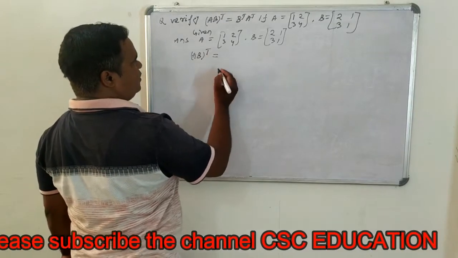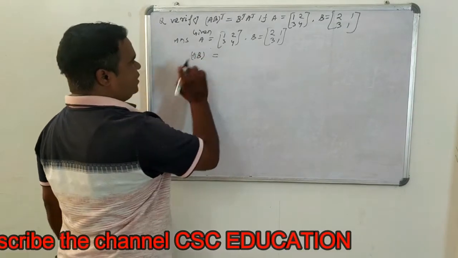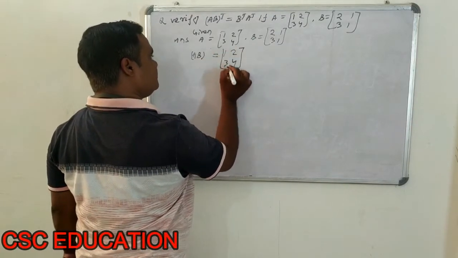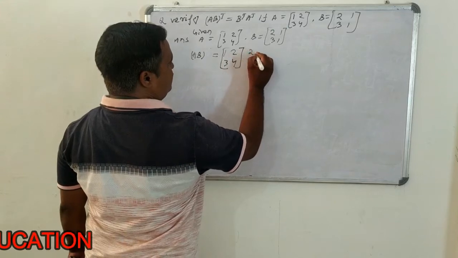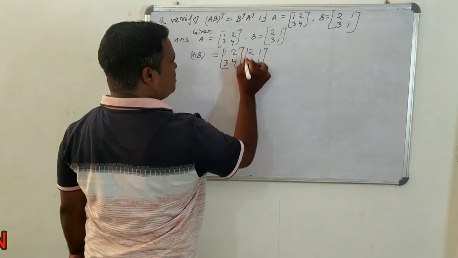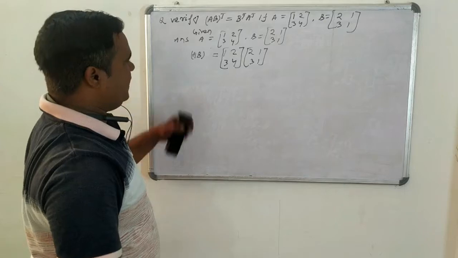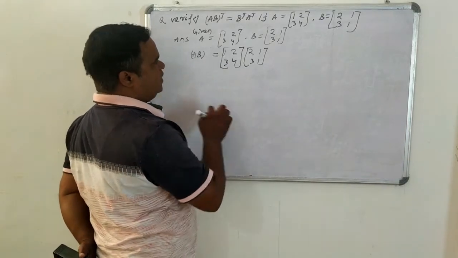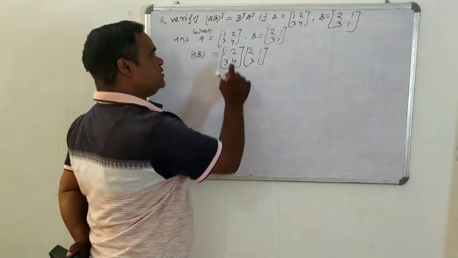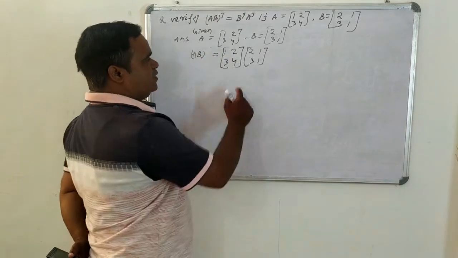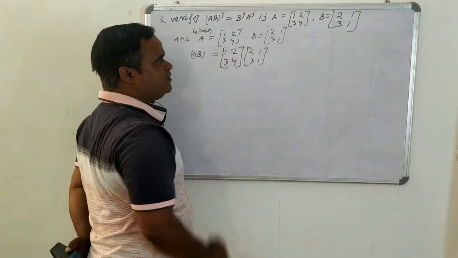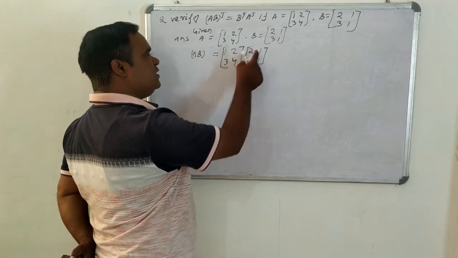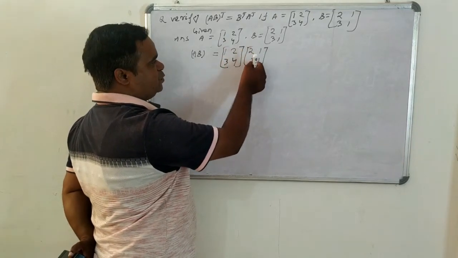First, on the left hand side, we need AB, the multiplication of 1, 2, 3, 4 with 2, 1, 3, 1. By the rules of matrix multiplication, first we check whether the given matrices can be multiplied. The number of elements in a row of the first matrix must equal the number of elements in a column of the second matrix. Here 1, 2 has two elements, and the column 2, 3 of the second matrix has two elements.